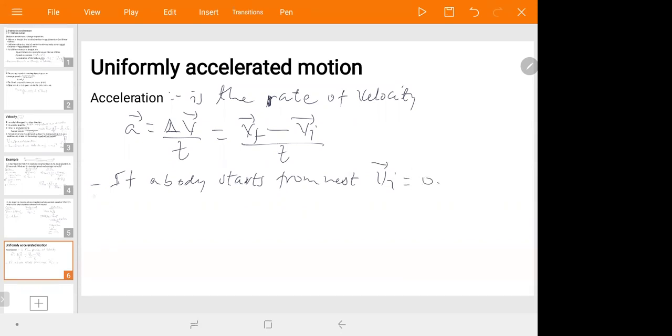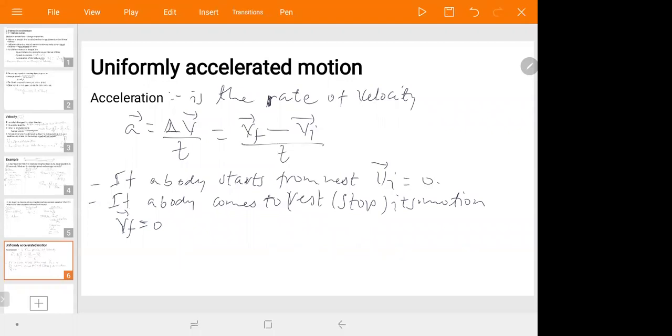As well, if a body comes to rest or stops, final velocity is equal to 0.